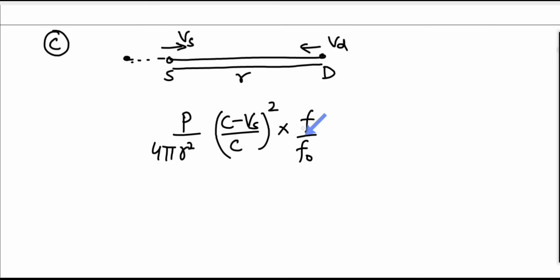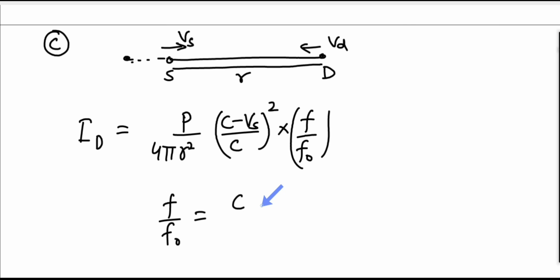That is the intensity observed, and in this case f by f naught will be equal to (c plus minus velocity of observer). Since they both are approaching each other, the frequency must be increasing because of that, so in the numerator we'll write the positive sign. So this will be c plus vd, the velocity of observer, and in the denominator it will be a minus sign, so c minus vs.